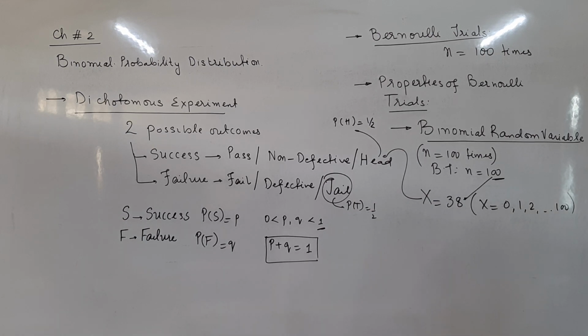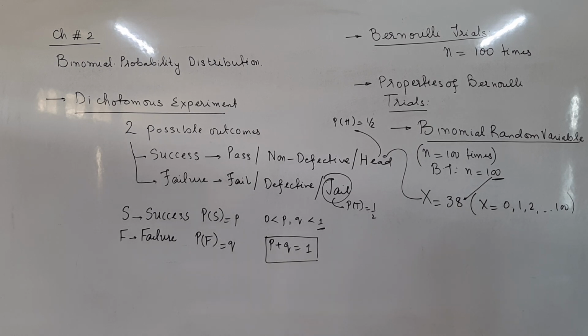What example I have given, students, you try to understand. Say a balanced coin is tossed 100 times. Of these 100 times, we have got 38 times head, which is success. That 38 is denoted by a variable x, and x is nothing but the number of successes in 100 Bernoulli trials.